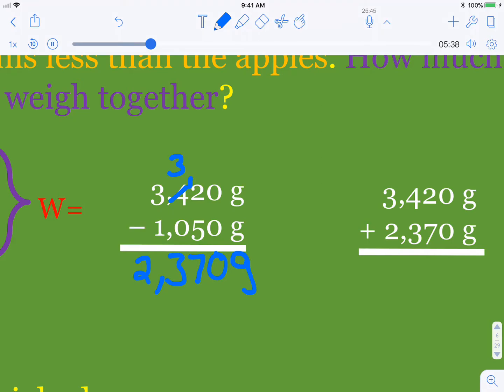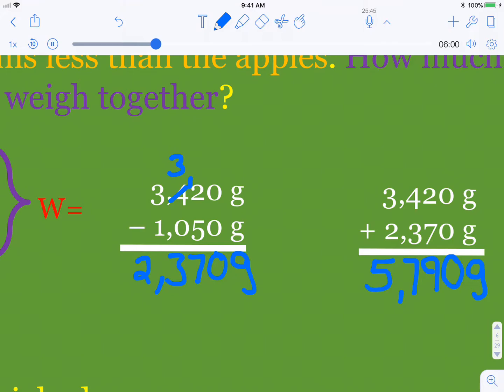Now, remember the question is how much did the apples and oranges weigh together? So now we're going to take our information that we just learned and we're going to add it, the apples and the oranges. So 0 plus 0 is 0. 7 plus 2 is 9. 4 plus 3 is 7. 3 plus 2 is 5.